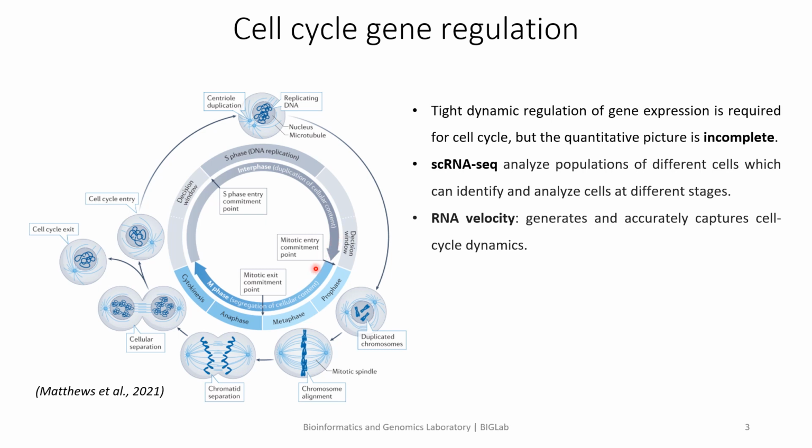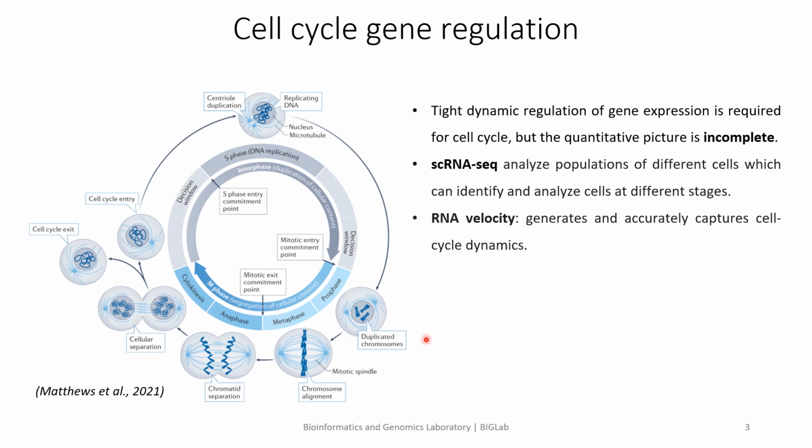And finally, for normal proliferating cells, cells pass the mitotic entry commitment point, pass the checkpoint here, and then they will enter M phase, in which the old cell will divide into 2 new cells.